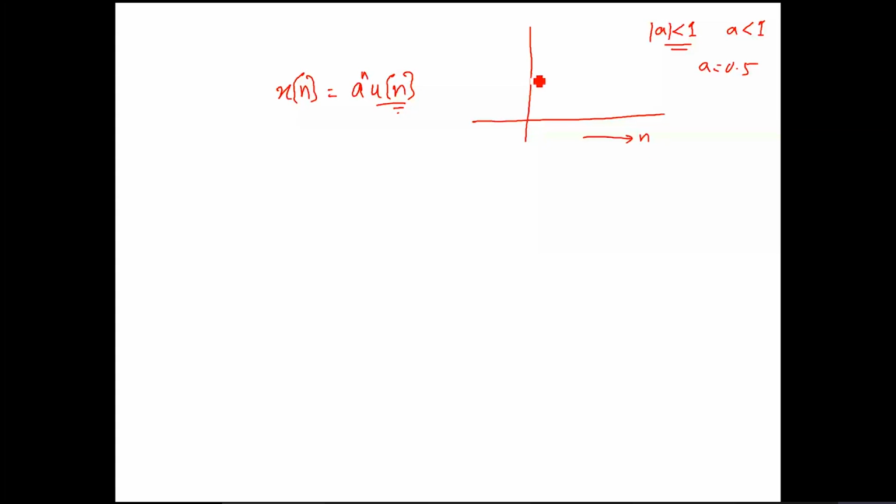At n equal to 0, anything raised to power of 0 is 1, so it will always start from 1. Then at n equal to 1 it becomes 0.5, then 0.25, then 0.125, then 0.0625, and it goes on and on, but it never really becomes 0. So it will be a decaying sort of signal.